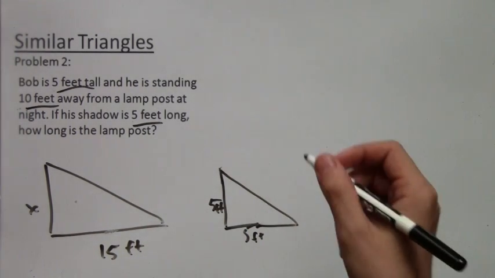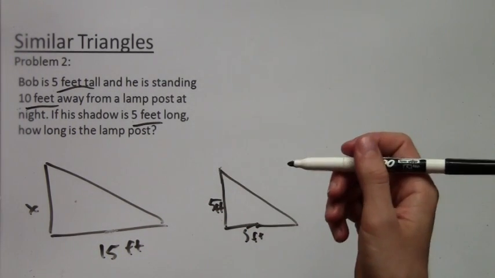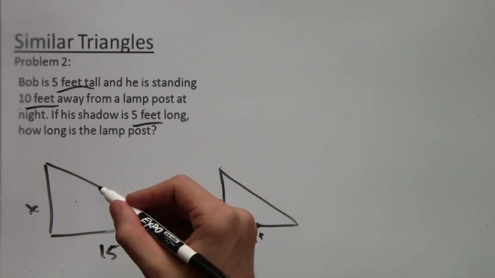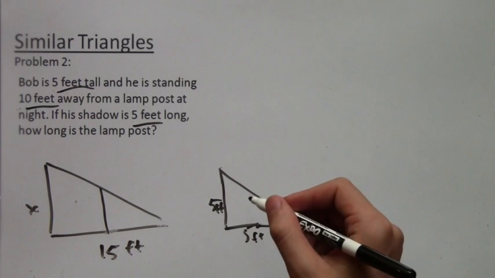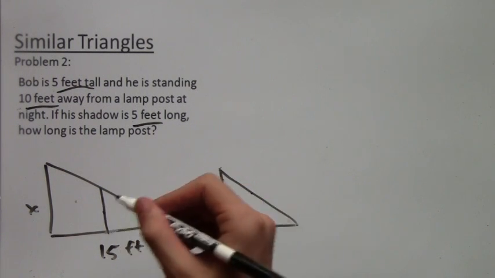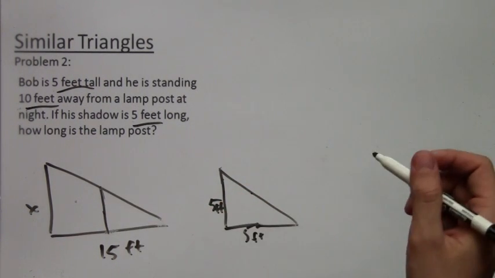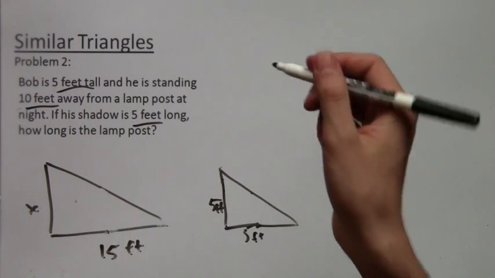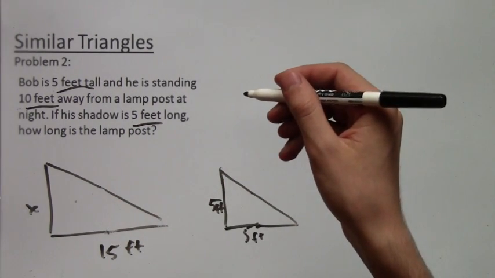So we have 5 feet and 5 feet for the height and shadow, and then we have a total of 15 feet for the distance from the bottom of the lamppost to the tip of the shadow.